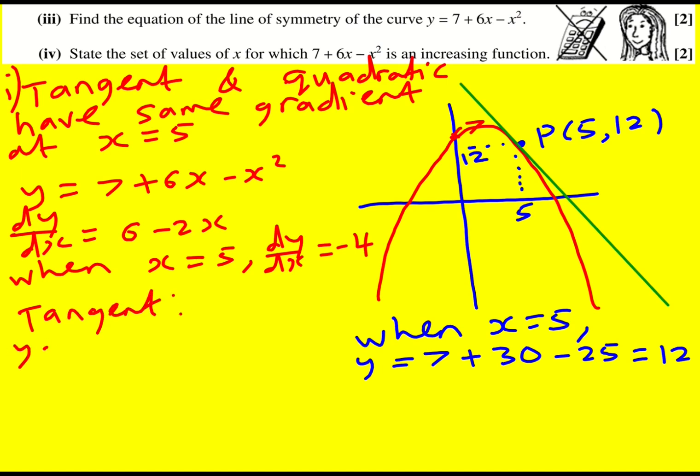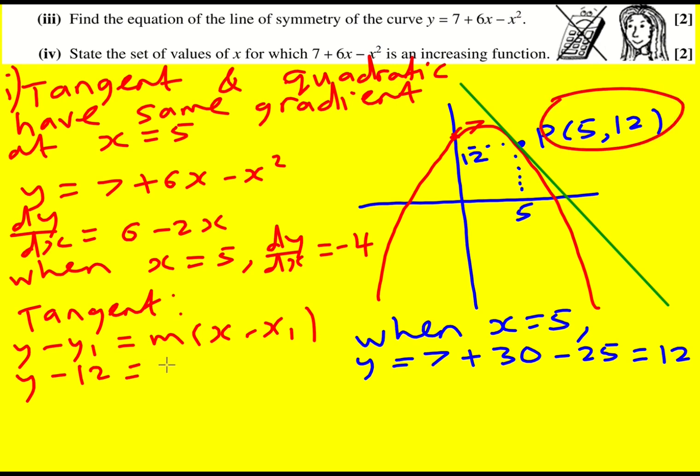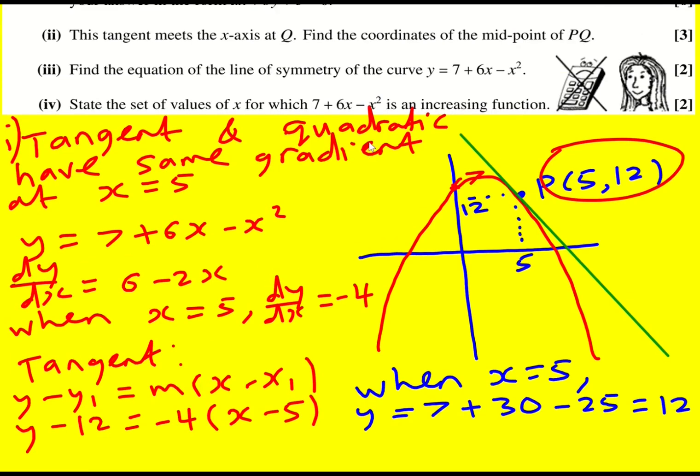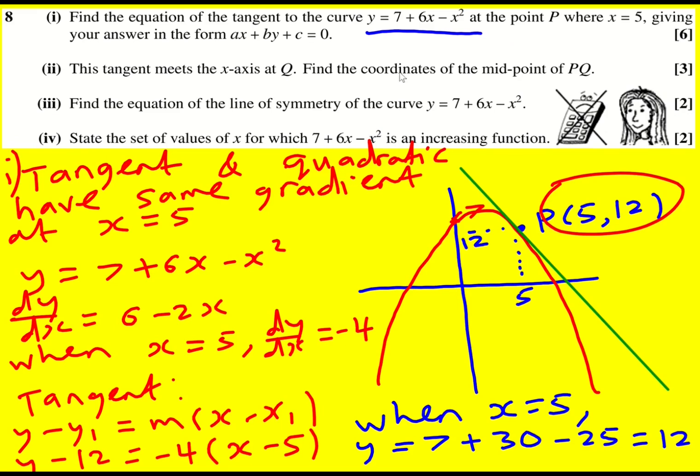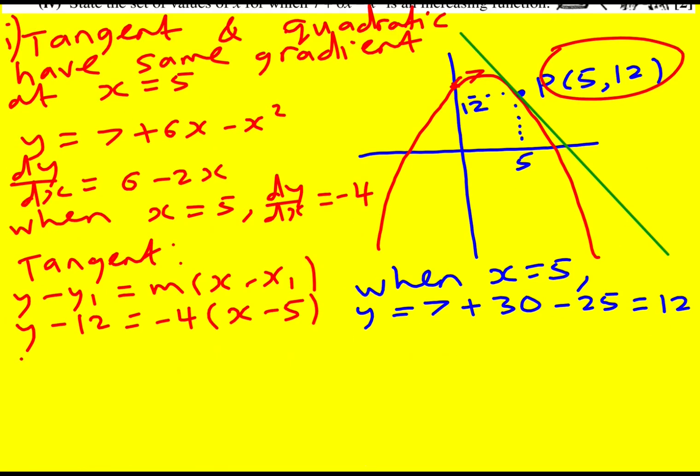For the tangent, I can use y minus y1 is equal to m(x minus x1). So y minus 12, I'm now using a pair of coordinates that I know the line goes through. And I'm going to use the gradient that it has, which I know is now minus 4. And we're asked to write it in the form ax plus by plus c equals 0.